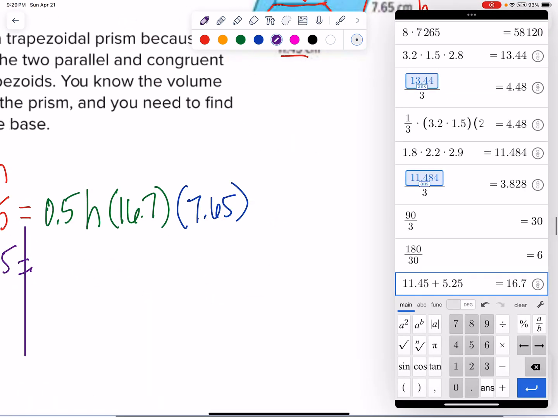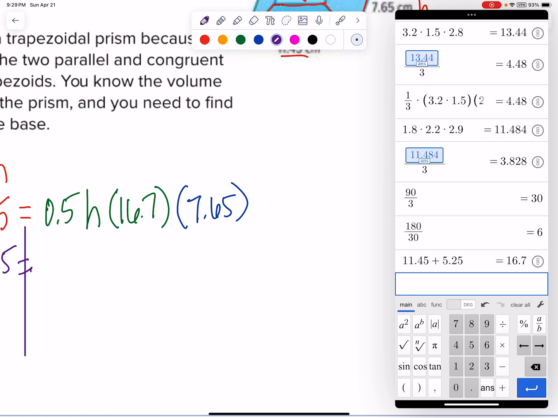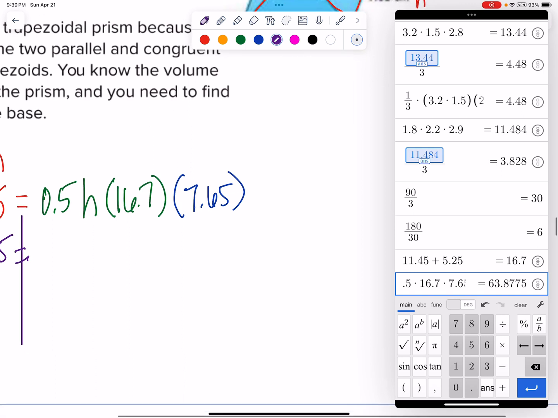Calculator out, and here we go. This is 0.5 times 16.7 times 7.65. We're allowed to just multiply all over the place because we have all multiplication, and because of the commutative property, it allows us to multiply all those things in any order, only because it's all multiplication.